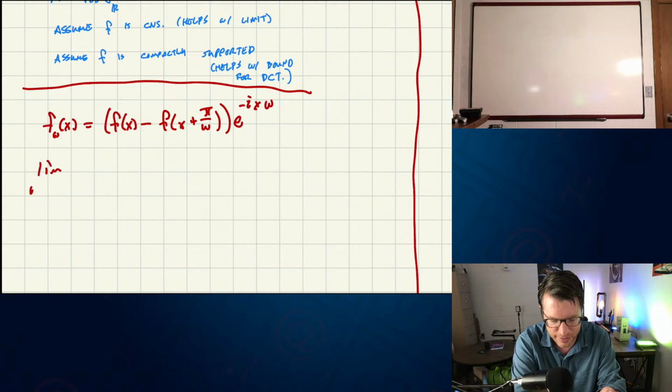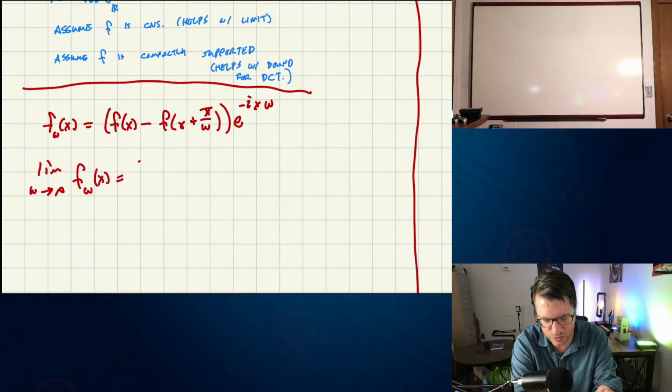So we would take the limit as omega goes to infinity of f sub omega of x, which is basically f of x minus f of x plus pi over omega, times e to the minus i x omega.